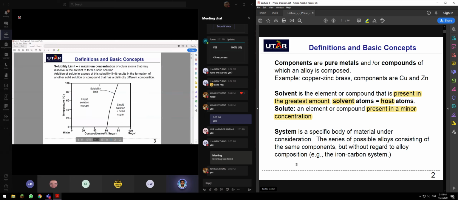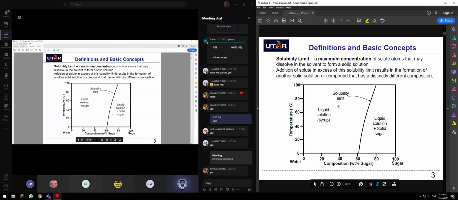Next, solubility limit. Let's look at this phase diagram. This is also one of the phase diagrams, a unary phase diagram. Solubility limit is the maximum concentration of solute atoms that may dissolve in the solvent to form a solid solution.